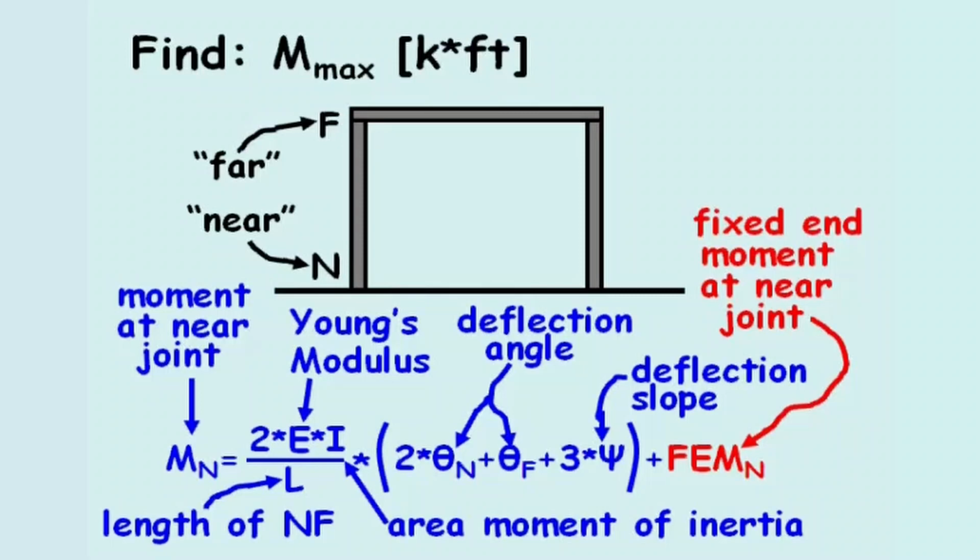Using the slope deflection method, counterclockwise moments are negative and clockwise moments are positive.